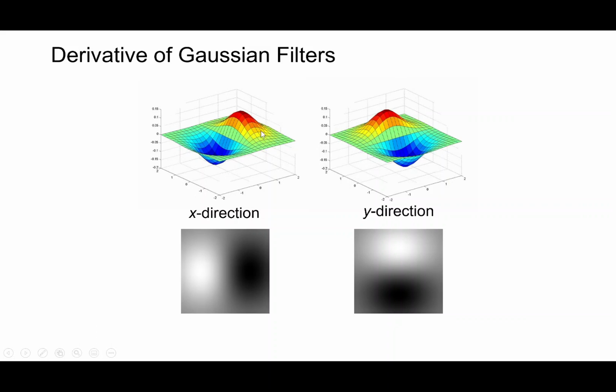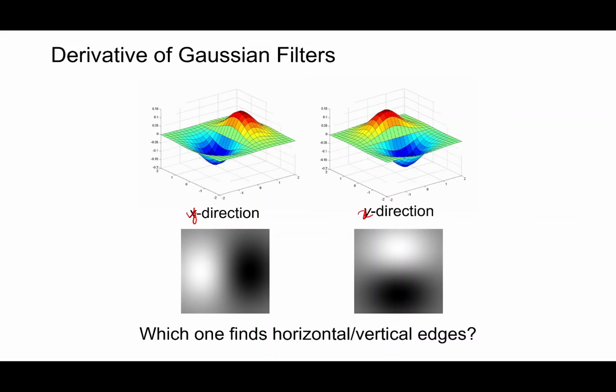Two-dimensional kernels, Gaussian smooth. So these are derivatives of Gaussian filters in the x and y directions. This is in the y direction, this is in the x direction. Which one finds horizontal and which one finds vertical edges? Since this will respond to edges like that, it will find vertical edges.